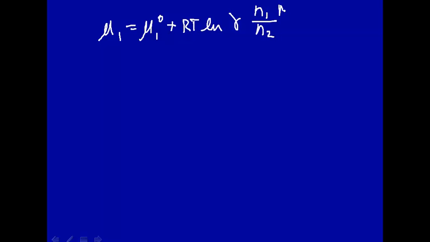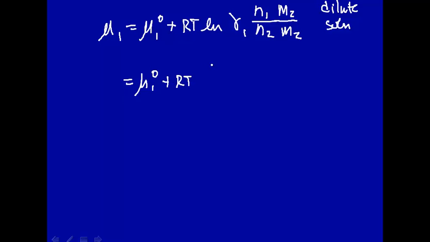Let's go ahead and plug those in. The chemical potential of the solute is equal to the chemical potential of the solute in the standard state plus RT times the natural log of the activity, which, for a dilute solution, is the activity coefficient of the solute times N1 over N2 times the molar mass of the solvent. So that's mu 1 zero plus RT times the natural log of M2.